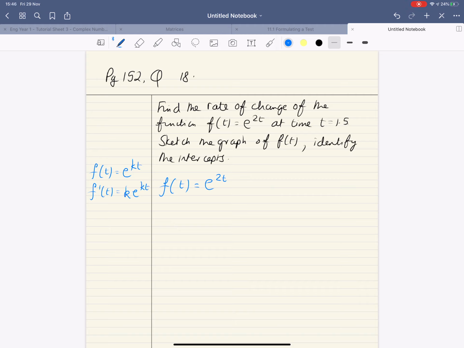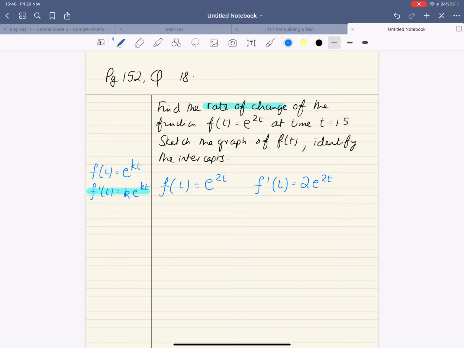Does that make sense? The gradient function is the rate of change here. That's what you've got to do, apply this formula to it. So f dashed of t is 2 e to the 2t.